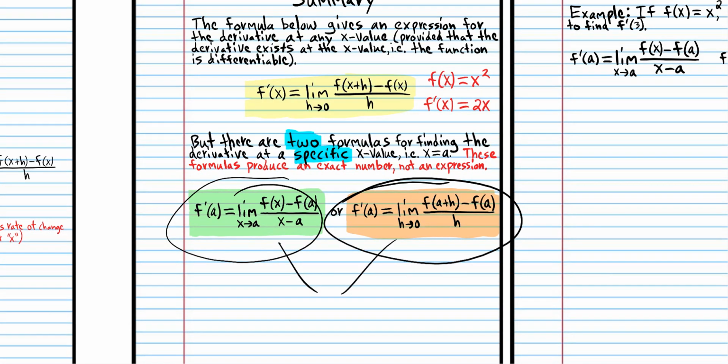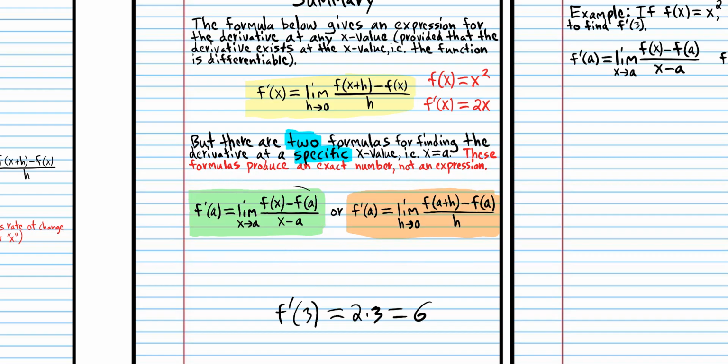So for example, if you wanted to find f prime of 3, given that f of x is x squared, f prime of 3 should be 2 times 3, which is 6, right? f prime of 3 should be 6. So these two expressions here give you actual numbers, not an expression, but an actual number.